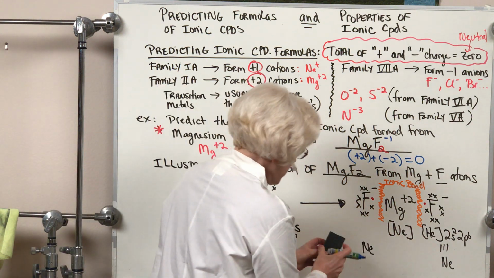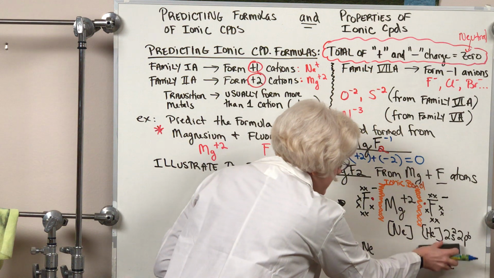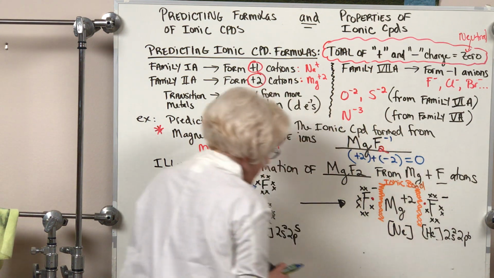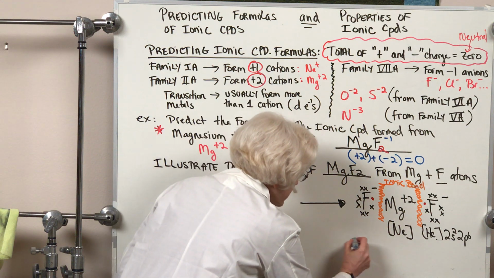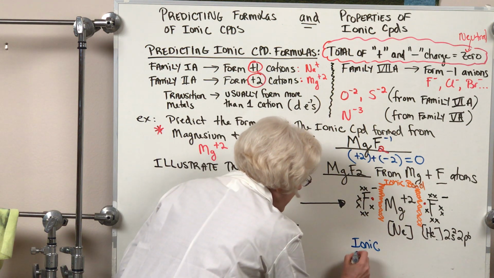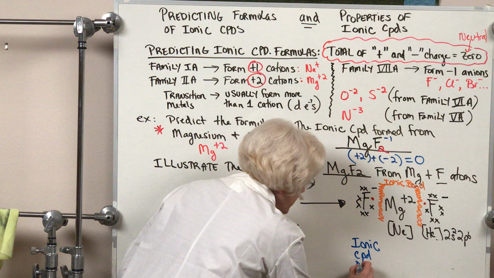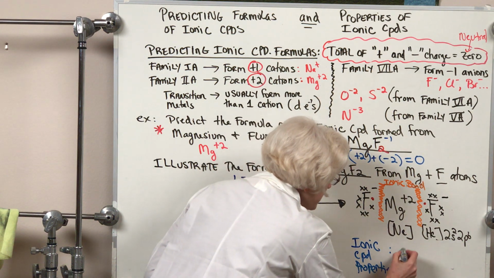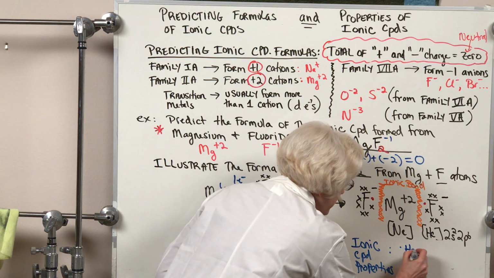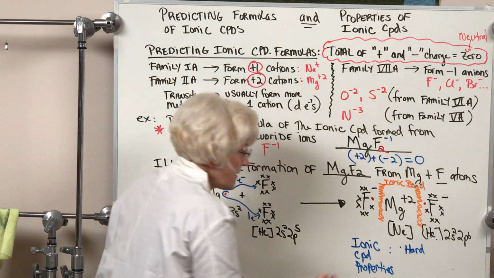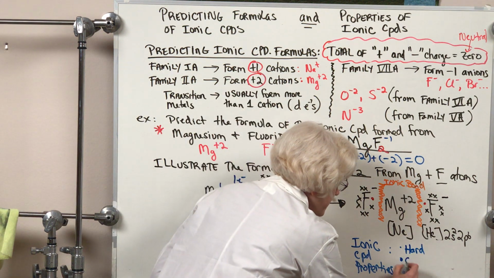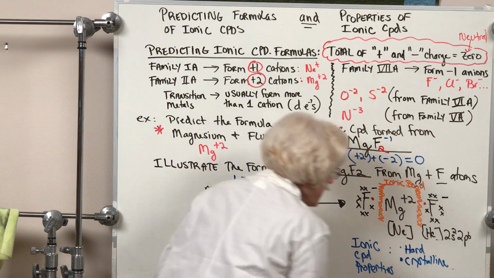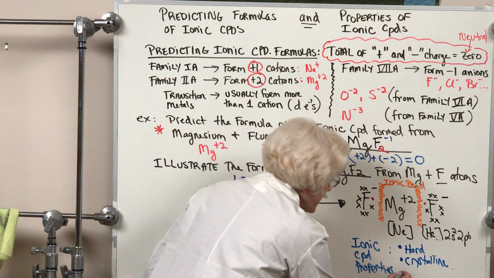We observe that ionic compound properties are that they are hard, that they are crystalline, that they are brittle.